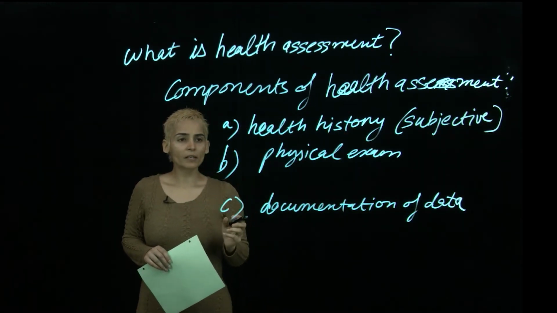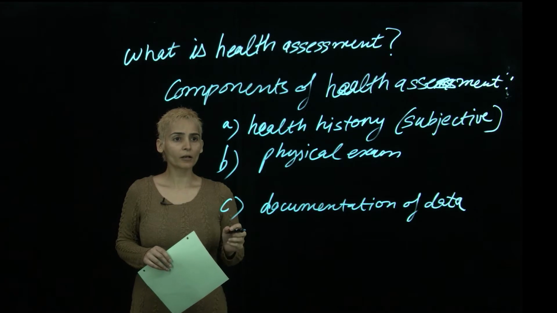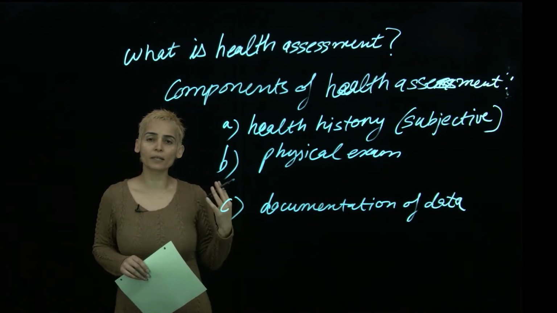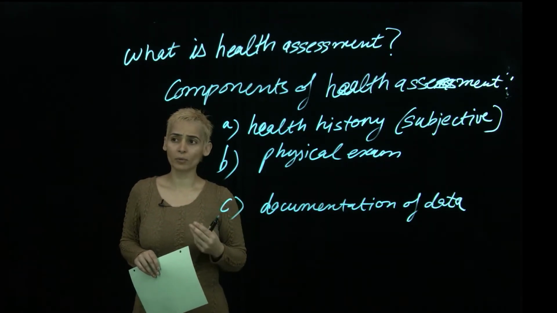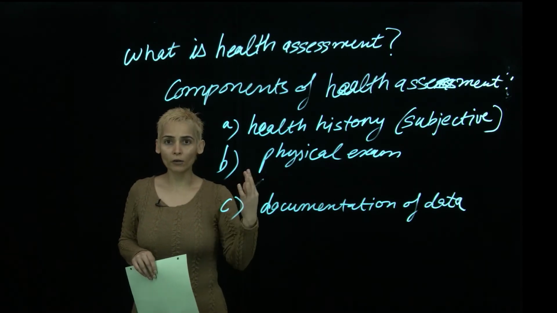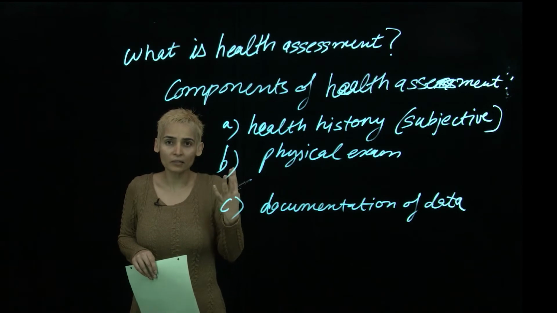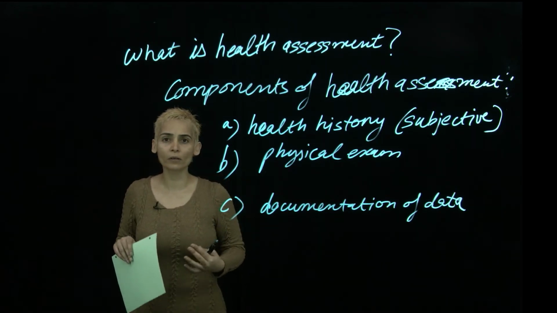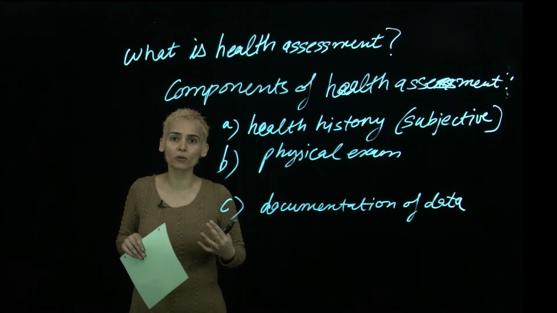And the second one is a physical exam. That's something you will be gathering by checking, for example, their blood pressure, their heart rate, looking at them and inspecting their demeanor, if they're looking depressed.